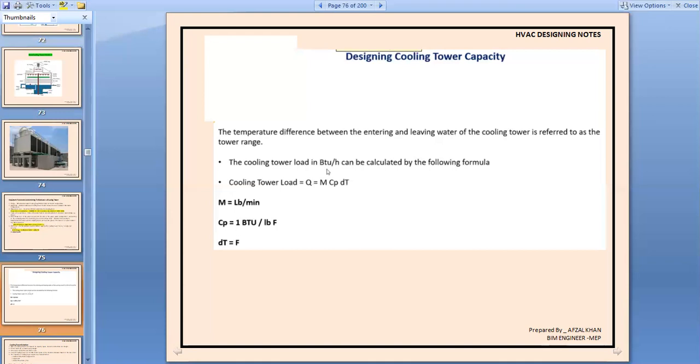For an open system, one TR is equal to how much GPM? I already told you. One TR is equal to 2.4 GPM for a closed system, and for open, it is 3. I think all of you forgot this. For an open system, 1 TR is equal to 3 GPM.